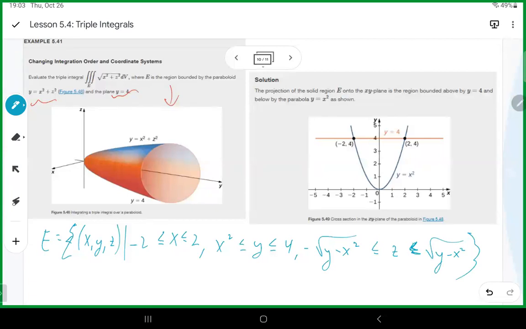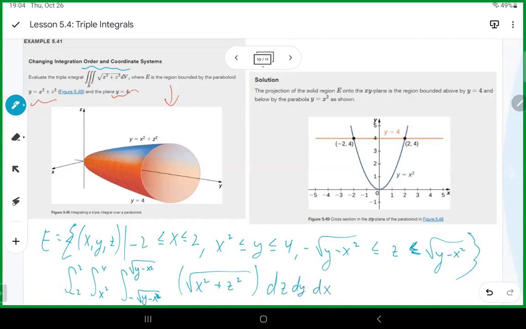So then that makes our triple integration become -2 to 2, x squared to 4, negative square root of y minus x squared to the square root of y minus x squared, square root of x squared plus z squared dz dy dx.